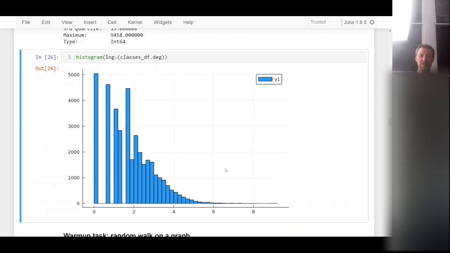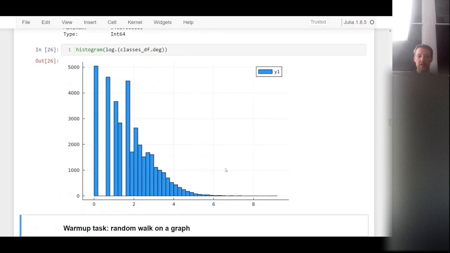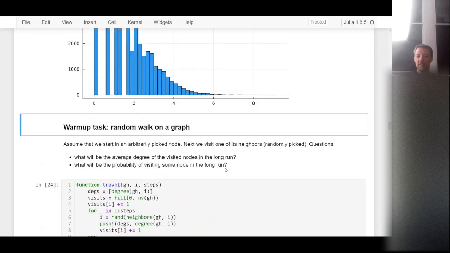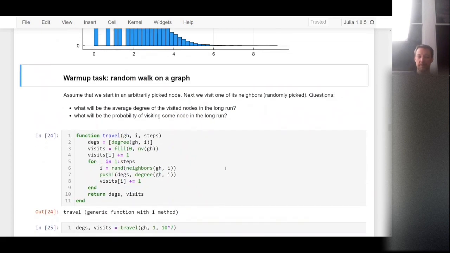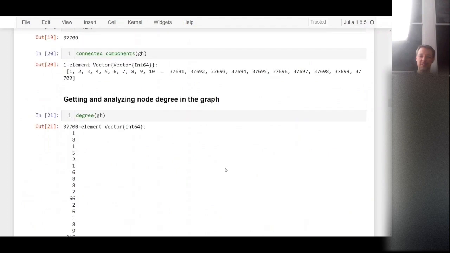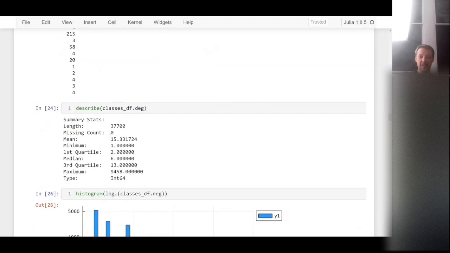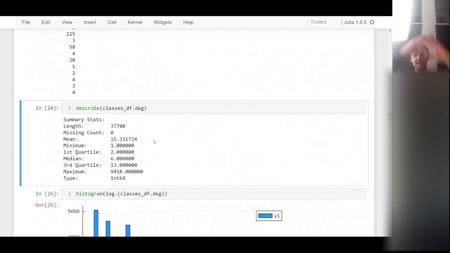Okay, so we see that this is a highly skewed distribution. So now, as a warm-up, I will ask you the following question, and you can treat it as a kind of puzzle. So we can see here that the mean degree in this graph is 15.